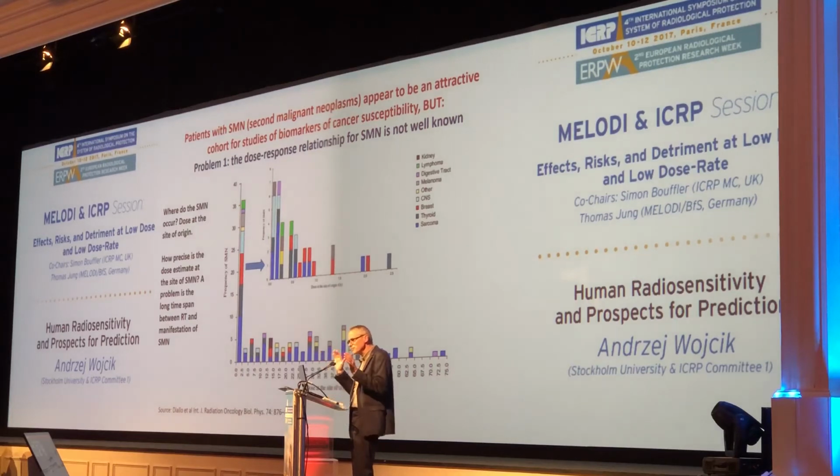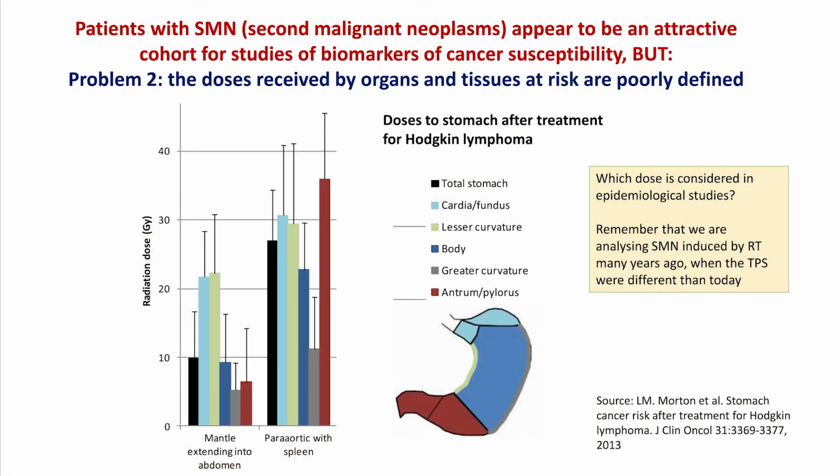Here we disagree a little bit within our working group, but I'm showing you a paper published in 2009, where they tried to map the dose to the tissue where second malignant neoplasms occurred. It's difficult to say there is a dose response. If there is anything, then there is a reverse dose response: the lower the dose, this is the dose to the site. We don't know. And then there are problems also with dosimetry that I mentioned already.